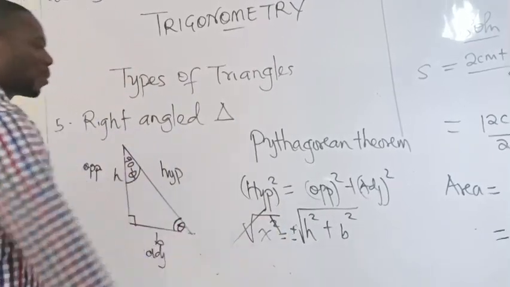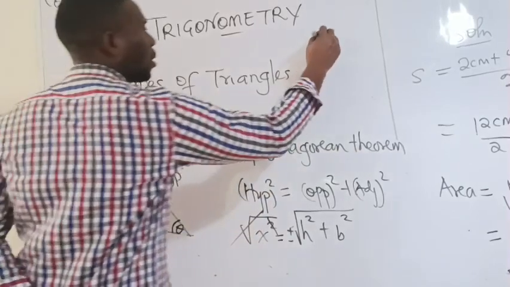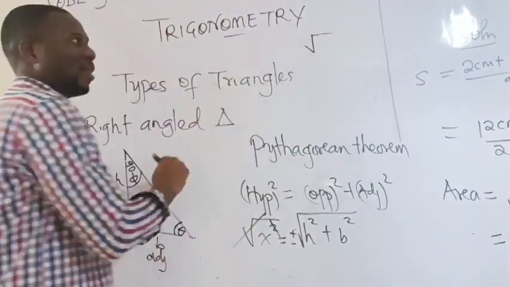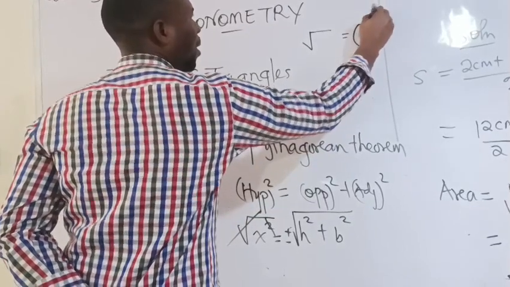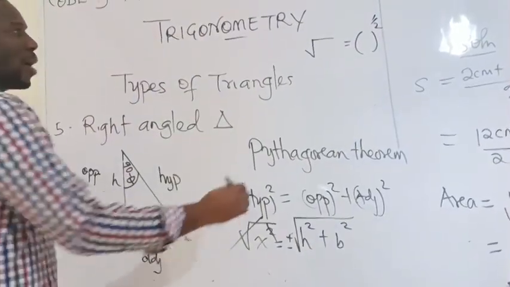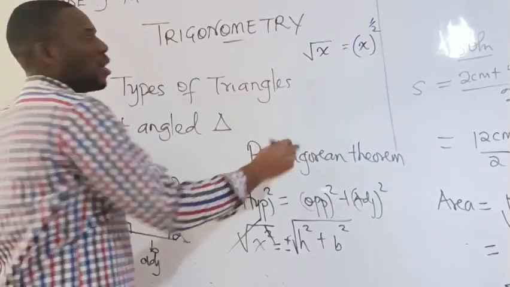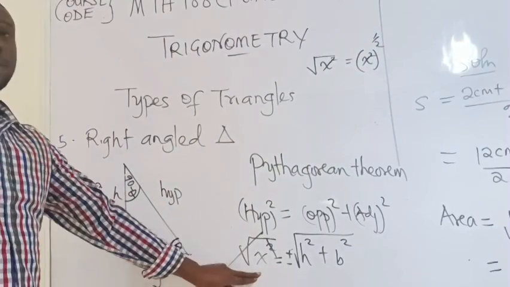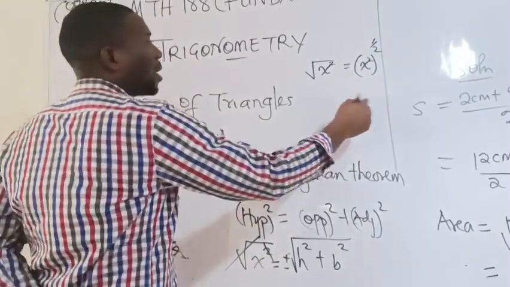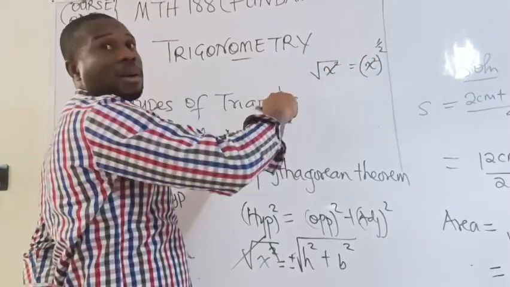So I lose the square and the root, because the square root of anything means that term is raised to power a half. If you have the square root of x squared, it means x squared is carrying power a half. And the law of unity says even if a term is carrying a power and it's further carrying another power, the powers will multiply.